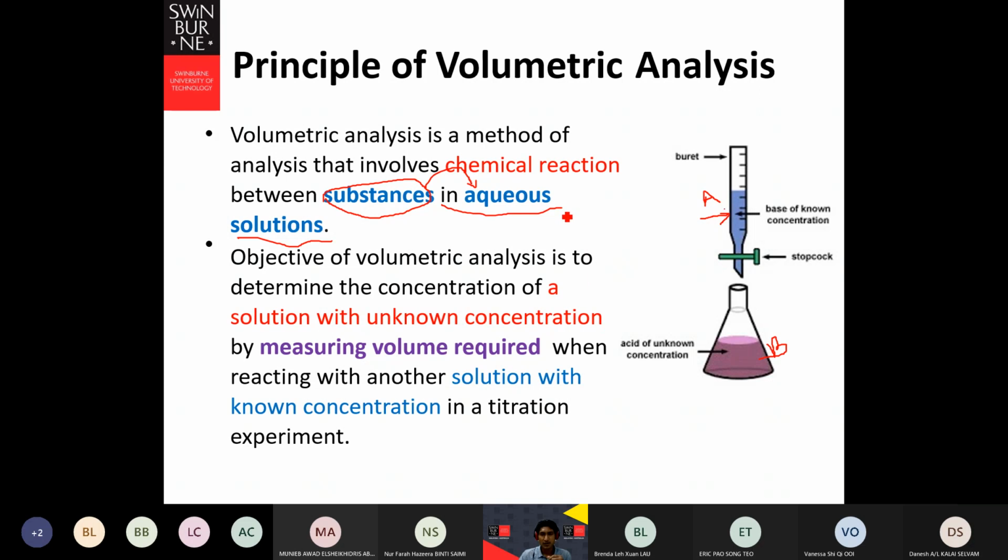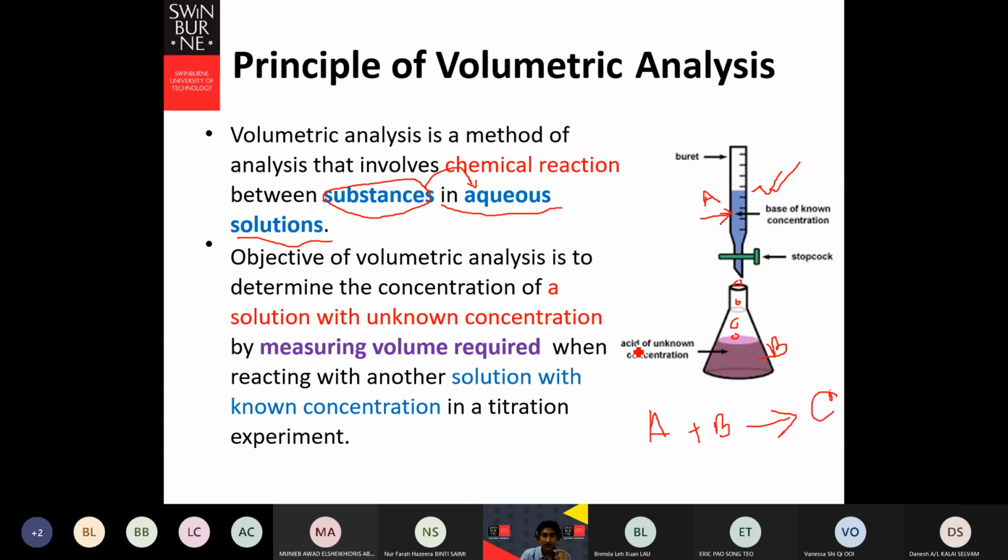So what we will do is we know A, this is known to us. We will add this A to B until to the extent where it is not B anymore. It has converted from B to a product that is C. So A plus B will have a product that is C, all right?